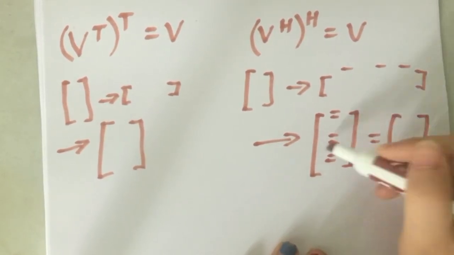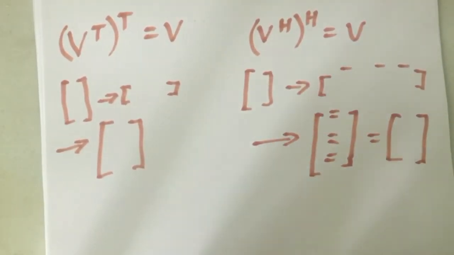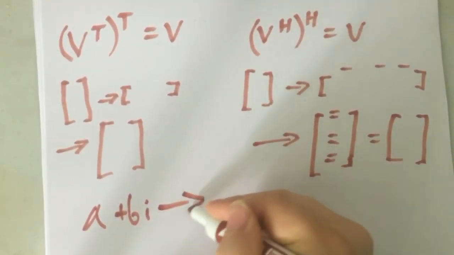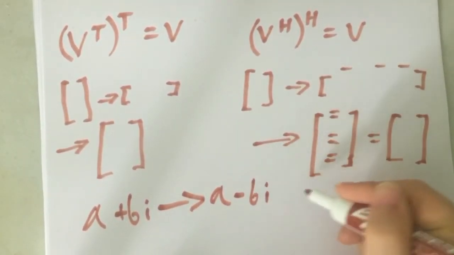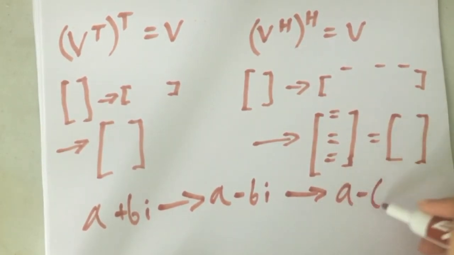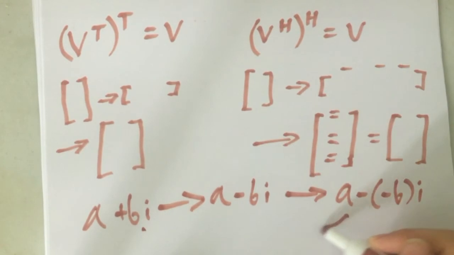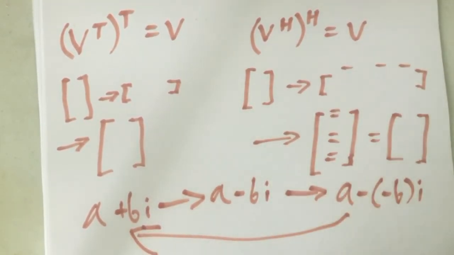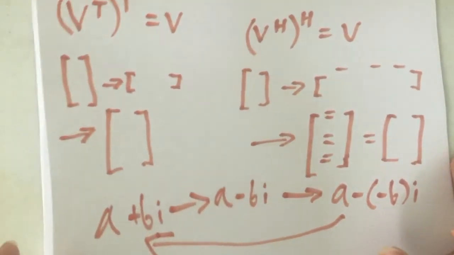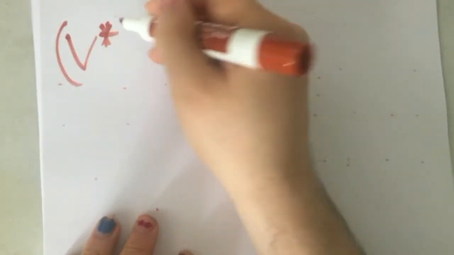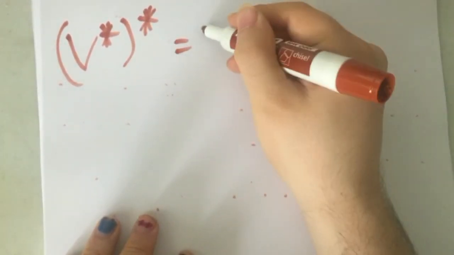The bars sort of cancel, because you're taking a plus bi, sending it to a minus bi, and then sending that to a plus bi again. So that's just equal to this. And this holds in general. So what we want to say is v star star equals v.